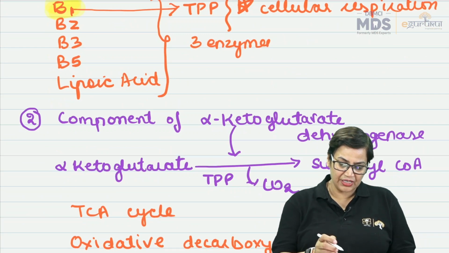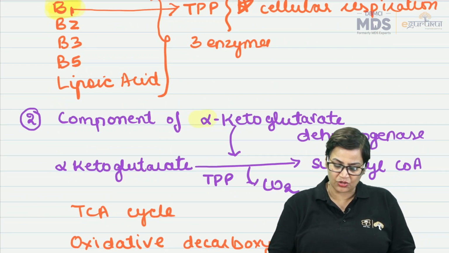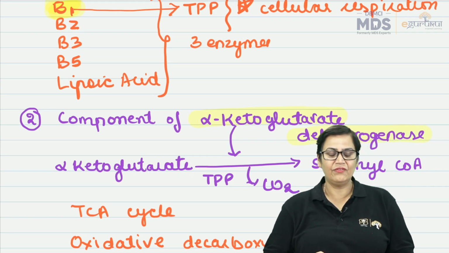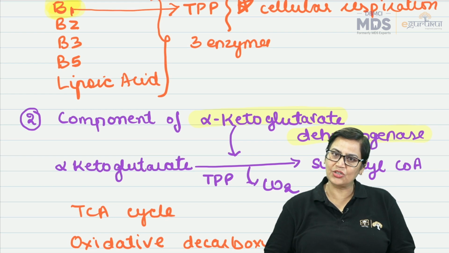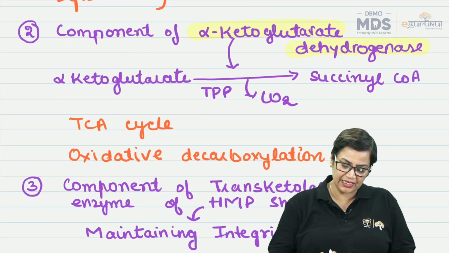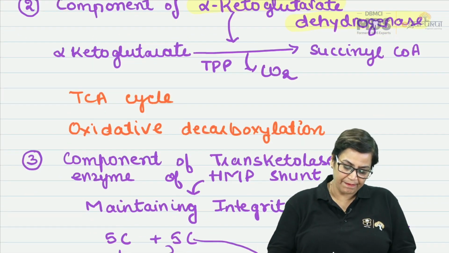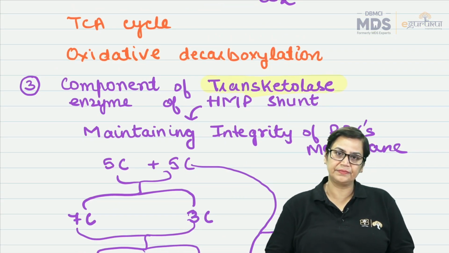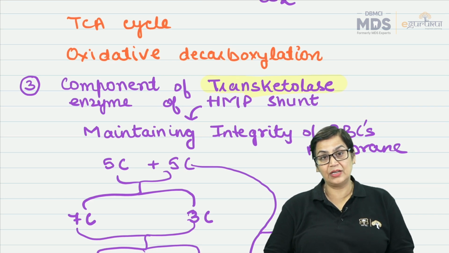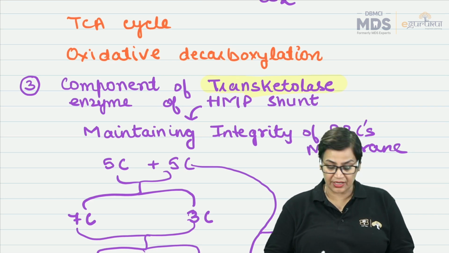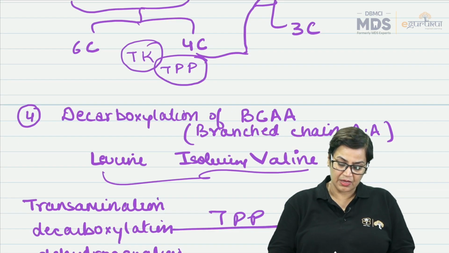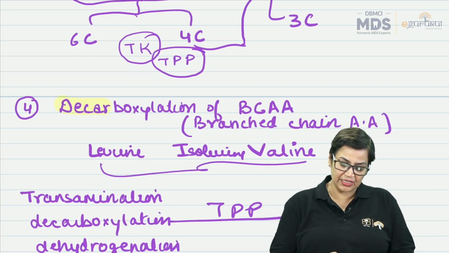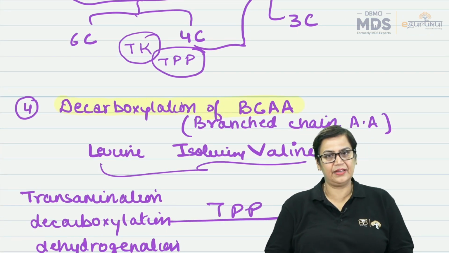Then the second reaction is as a component of alpha ketoglutarate dehydrogenase, which is again a very important reaction of the TCA cycle. Third is a component of transketolase, which is a very important enzyme of the HMP shunt. And then decarboxylation of BCAA.